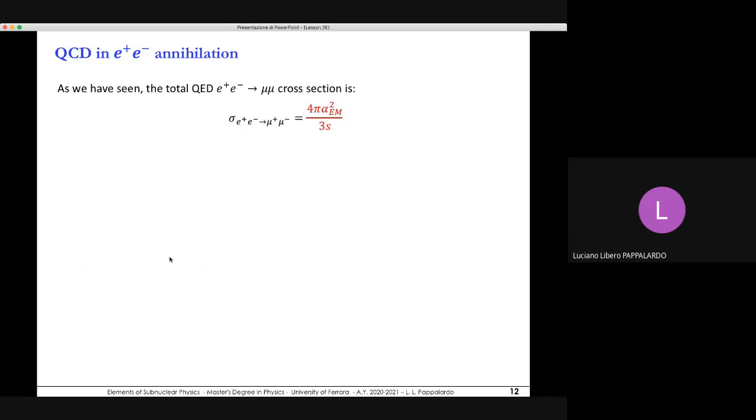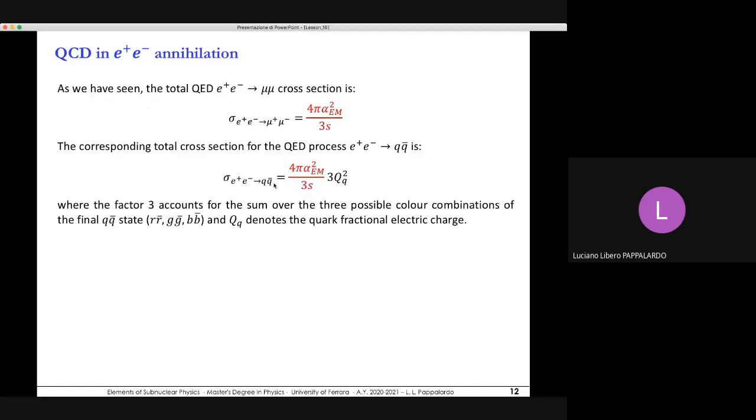Now, still, let me stress again the analogy with the QED annihilation process. We also derived in the QED chapter the total cross-section for e+e- into mu plus mu minus, and we obtained this very simple expression, where alpha is the QED coupling constant. Now suppose we do the same for a quark-anti-quark pair, which are fermions just like the muons.